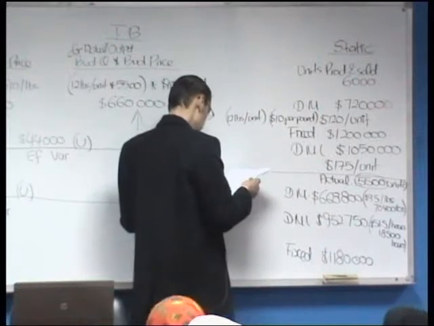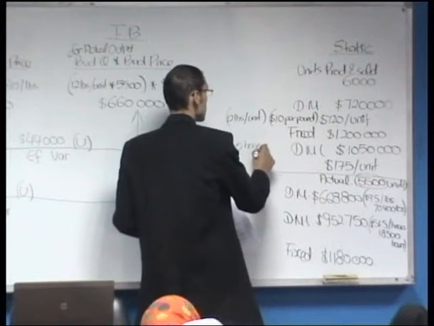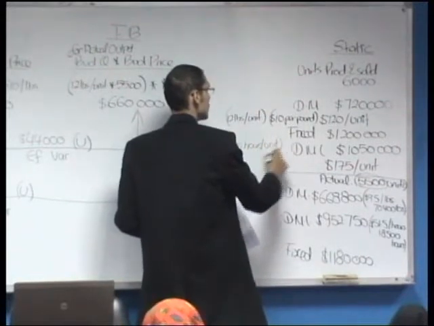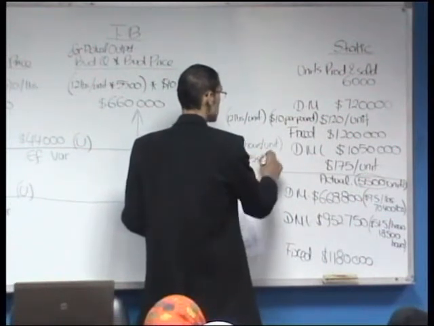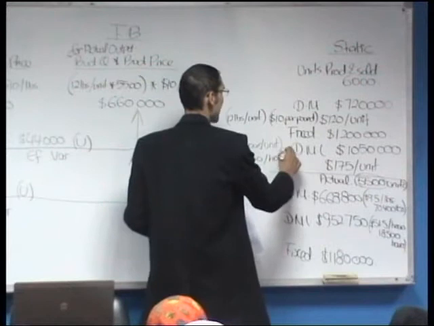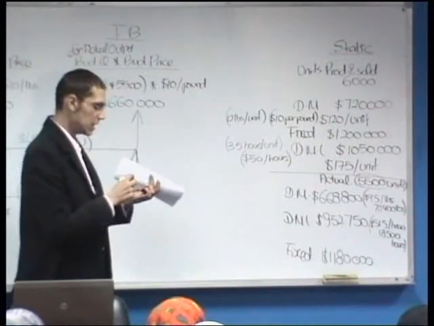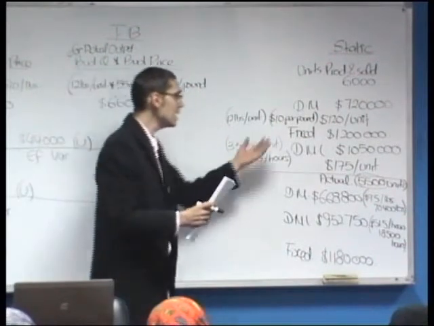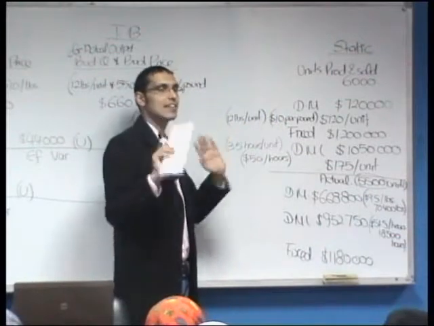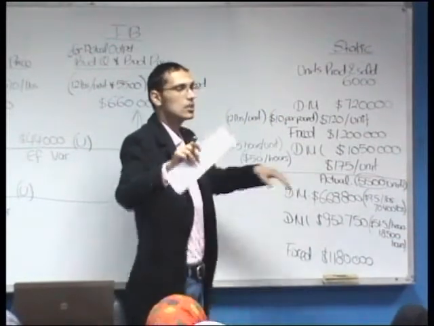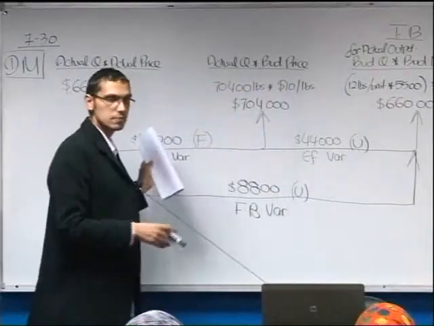Therefore, 3.5 hours per unit is the standard quantity, and $50 per hour is the standard price or rate for each hour. Of course, all this information is given. Therefore, we are not calculating anything new. We have this information according to our question. Now, have you finished with this?